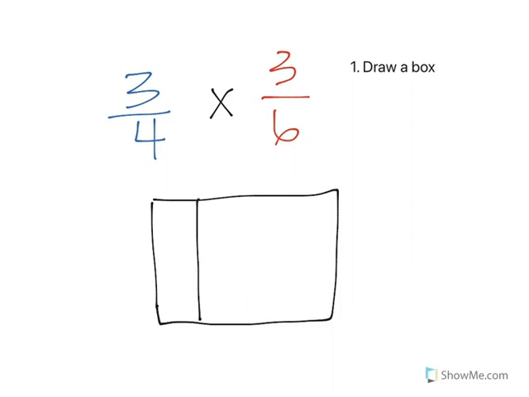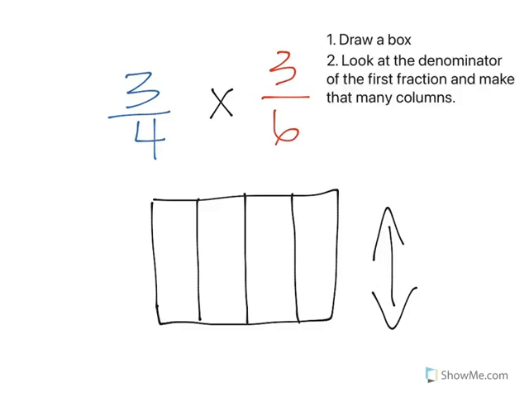Columns are vertical pieces, like they go up and down. So this is vertical, and columns go up and down. So we made 4 of them.